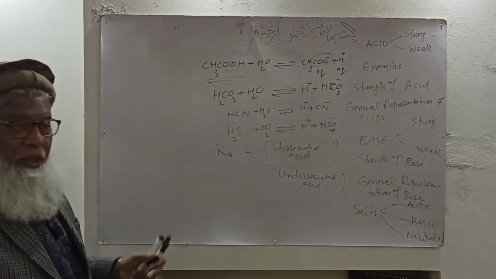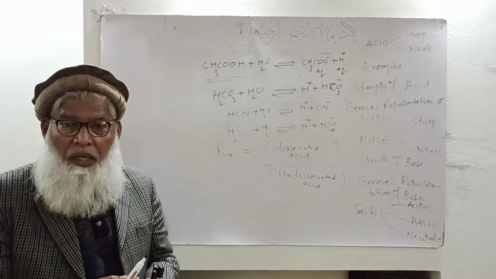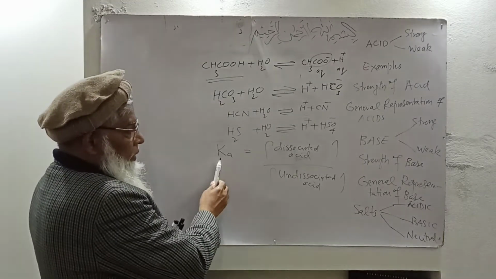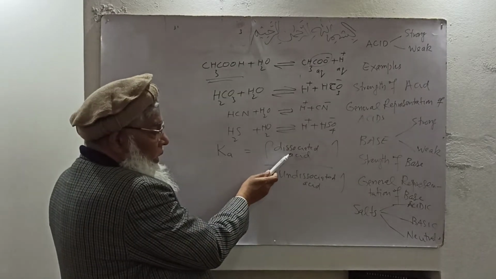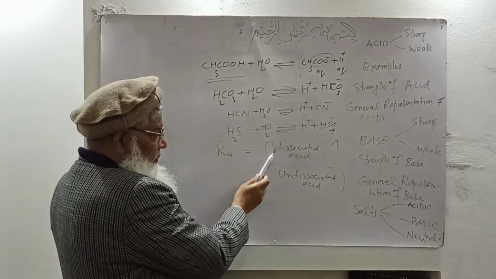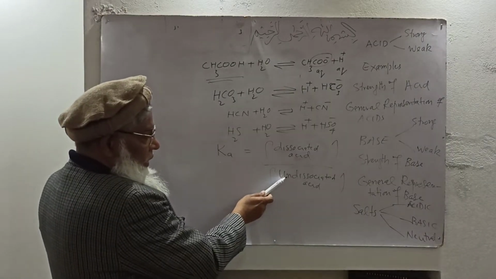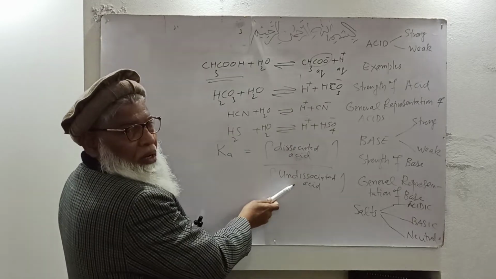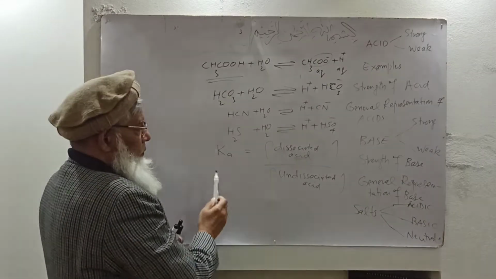The greater the value of Ka, the stronger is the acid. When Ka is greater, dissociated acid is in excess and undissociated acid is in lesser amount. So it is a ratio.